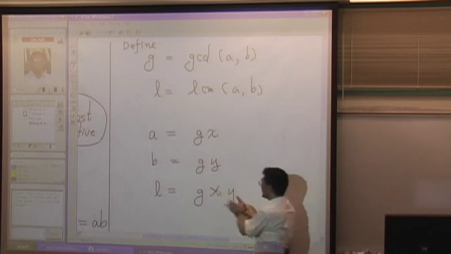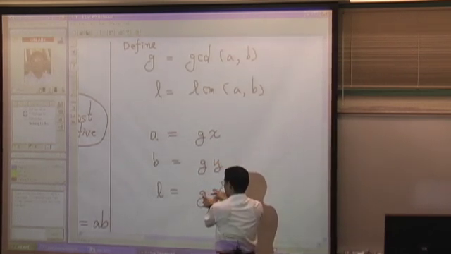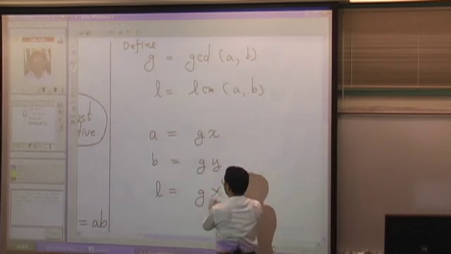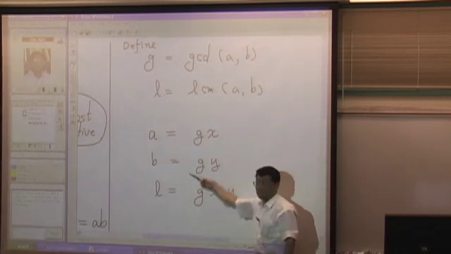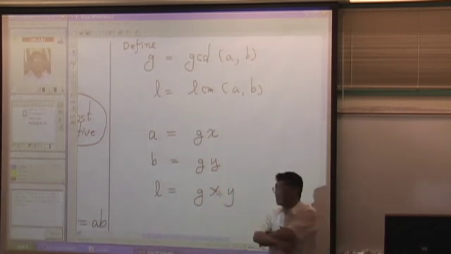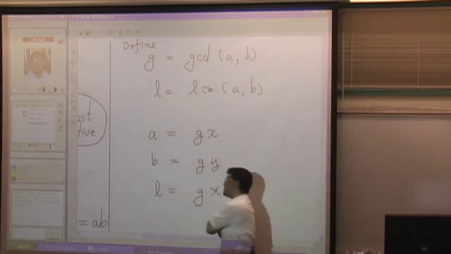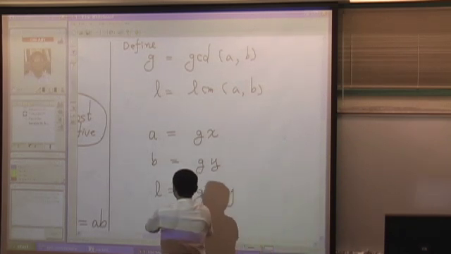Because G times X is A, so L is divided by A. And L is divided by G times Y, which is B. So L is divided by both A and B. The only thing remaining is showing that this G times X times Y is the smallest. Then we are done with this proof.